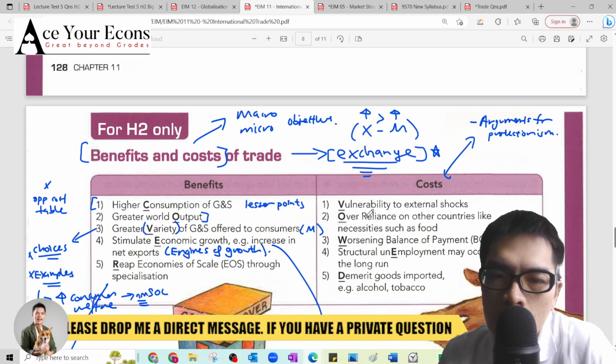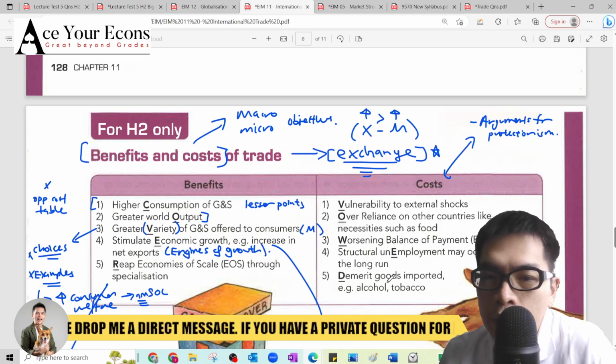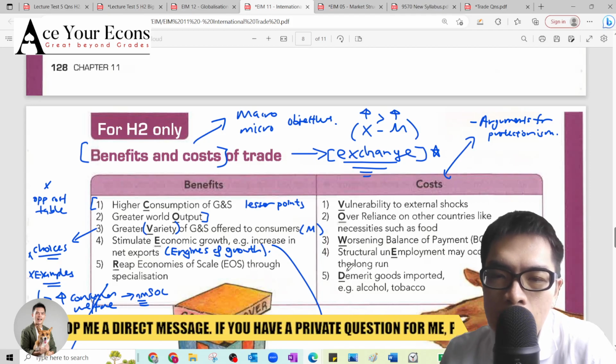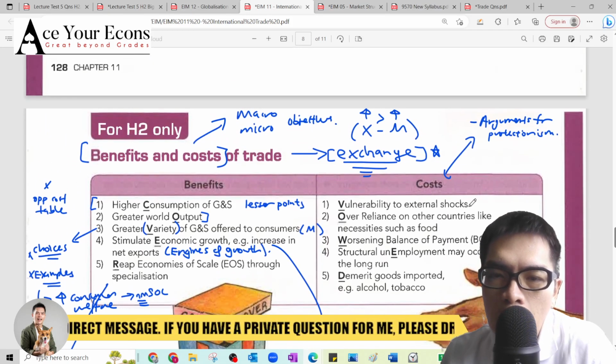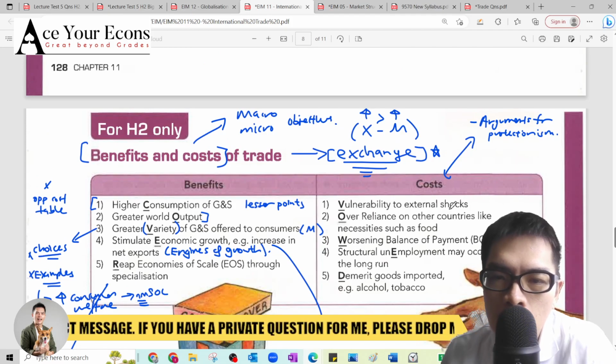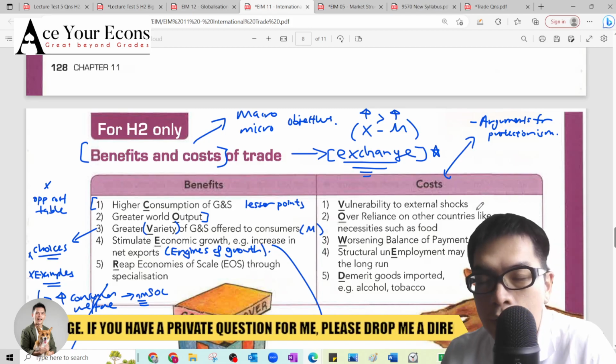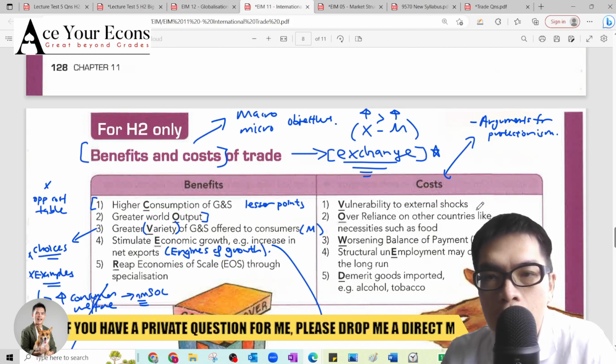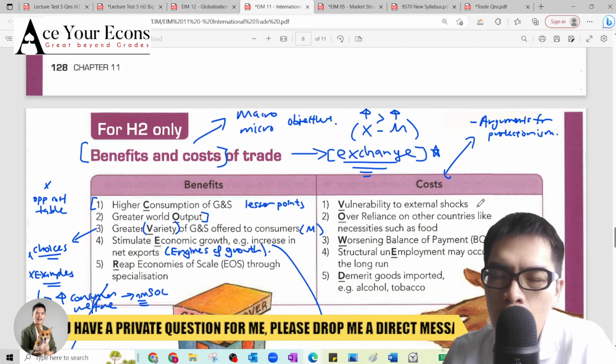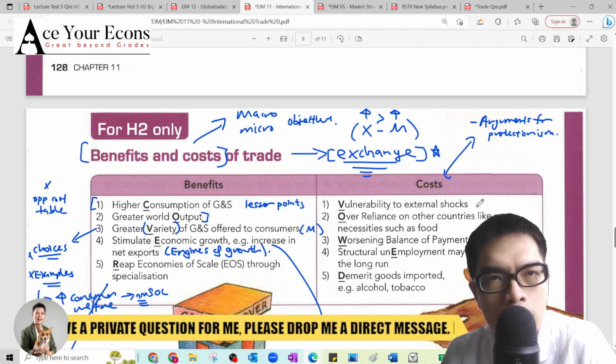So we have VOWED. Make sure you know the significance of all this. I'll just go through one more time. For external shocks, vulnerability to external shocks is something that you see in SOY 16. For China, for instance, why do they need to rebalance inwards?